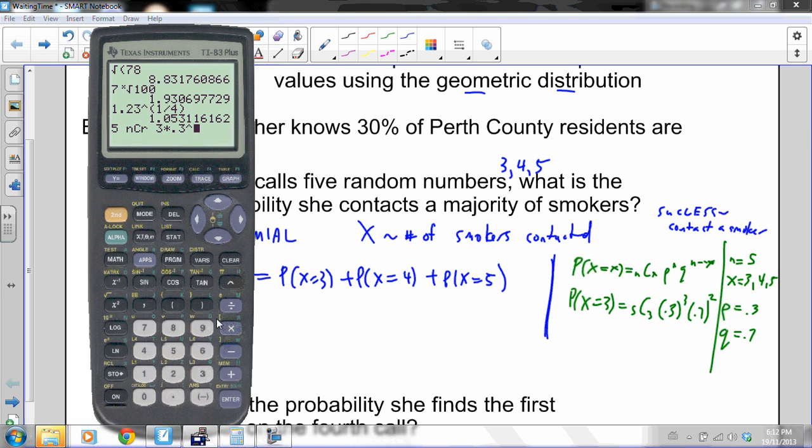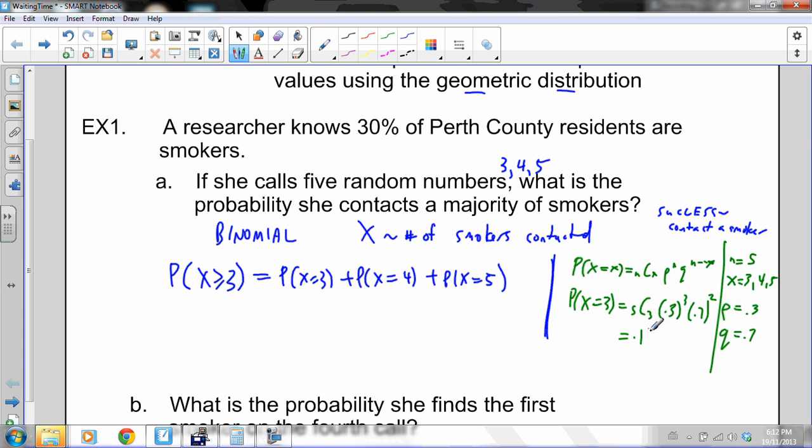There's the exponent button. See, in class, I just wait for one of you smart, fast calculator people to put that in, and that'd be good. 0.1323, and so that's this number here.